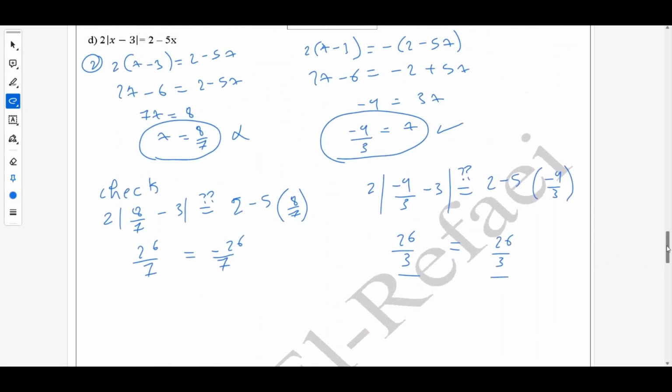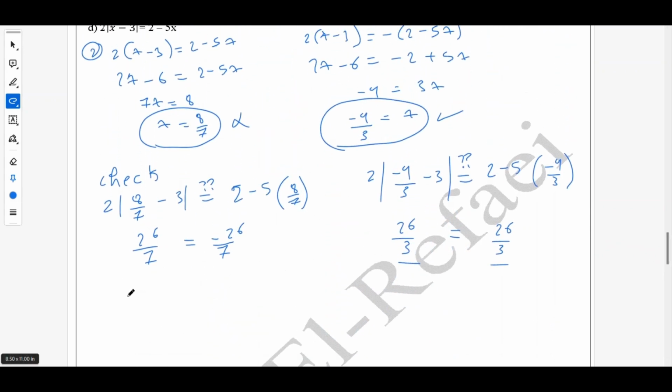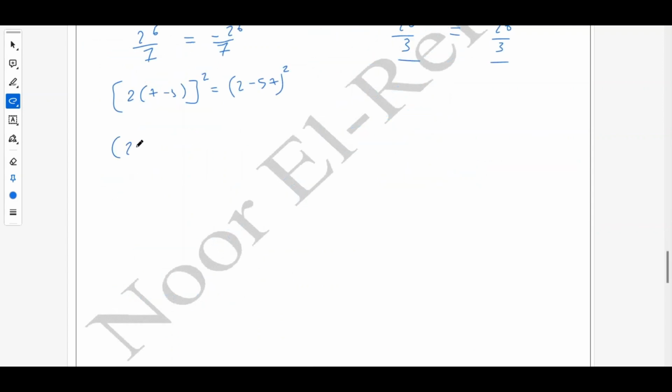Let's move to the third way, which is the squaring way. 2x minus 3, all of it squared, equals 2 minus 5x, all of it squared. 2x minus 6, all squared, equals 2 minus 5x, all squared. This gives 4x squared minus 24x plus 36 equals 4 minus 20x plus 25x squared.